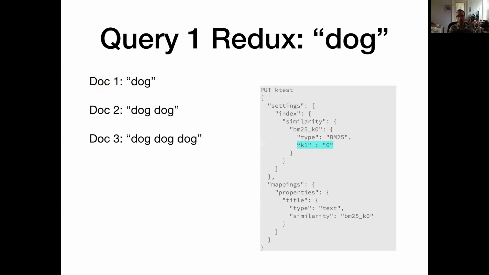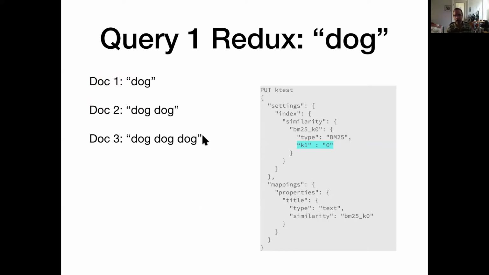And now we're going to return to the very first query we looked at. This was the query for dog, where we have 3 documents, with 1, 2, and 3 occurrences of the query term. And what we're going to do now is adjust the K1 parameter. What K1 does is it affects the rate of term saturation.